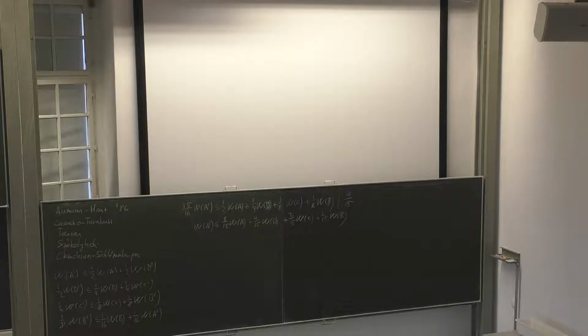Now you do the same procedure again, but you don't start at A prime, but you start at D prime. And it tells you that, again, the function has to be also 0 here. Again, you start with C prime and see that the function has to be 0 here. And finally, you show that it also has to be 0 here.